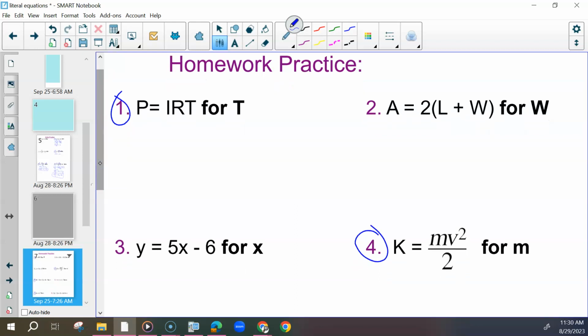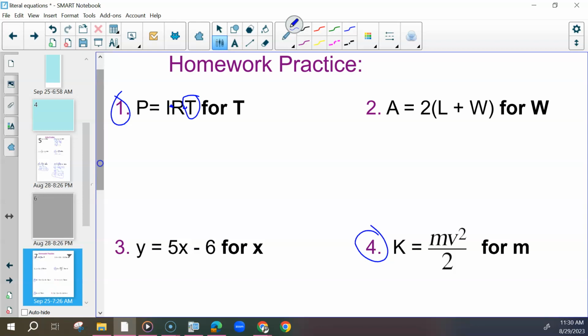So number 1, we are solving for t. Everything is being multiplied. How would we undo whatever to get t by itself? So are we adding? We can't subtract. There are little dots in between all of these.